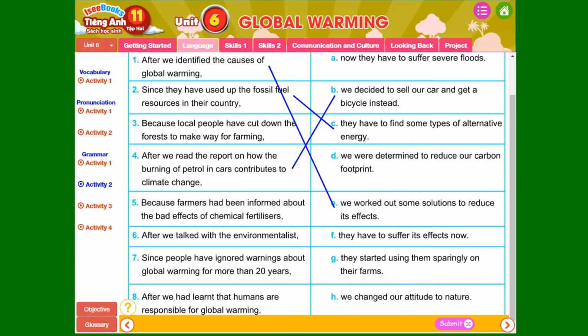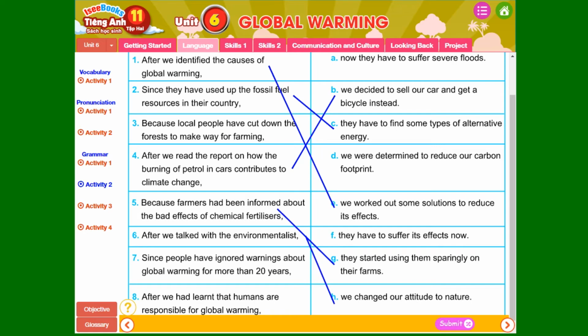5. Because farmers had been informed about the bad effect of chemical fertilizer, so number 5, we match with G. They started using them sparingly on their farm. Number 6, after we talk with the environmentalist, so number 6, we match with H. We change our attitudes to nature. 7.